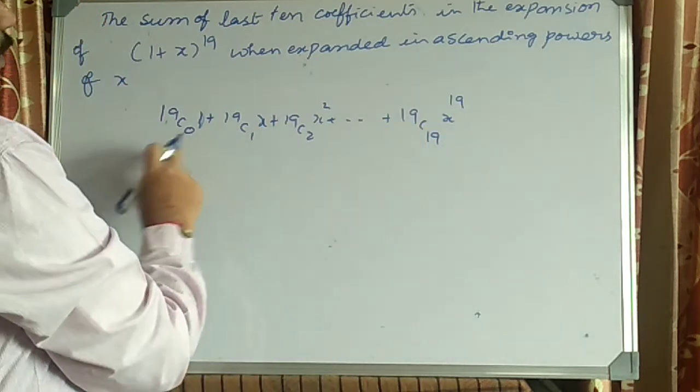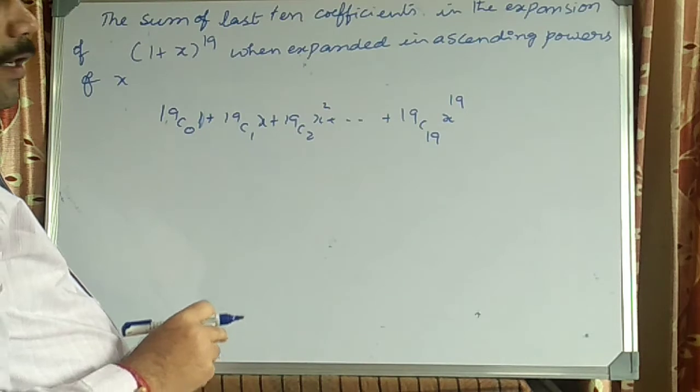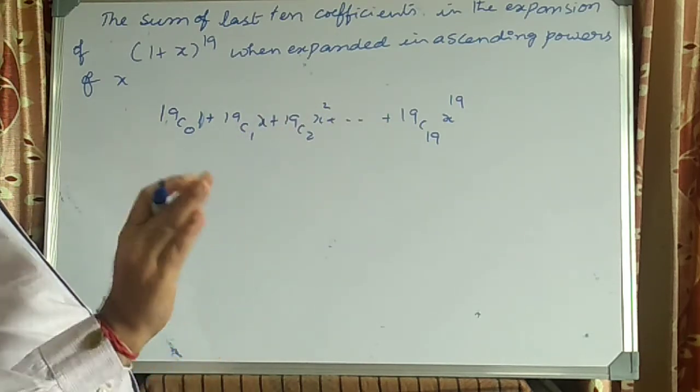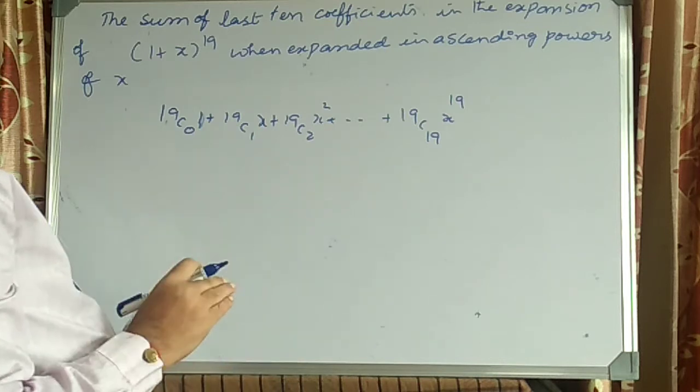You can see there are total 20 terms here. Out of 20 terms, I want only the last 10 coefficients, not x values.